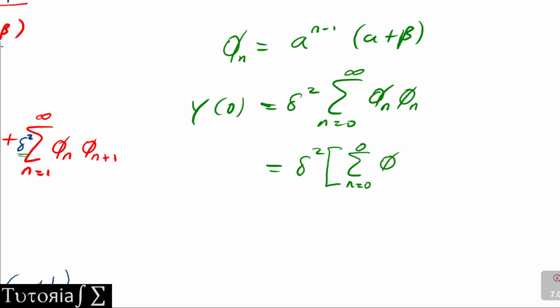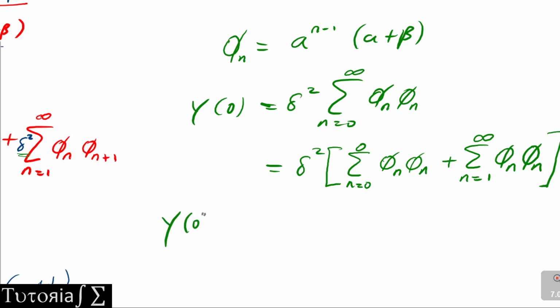phi n squared, then plus the sum from n equals 1 to infinity of phi n squared. I'm pretty sure this one will be shorter.